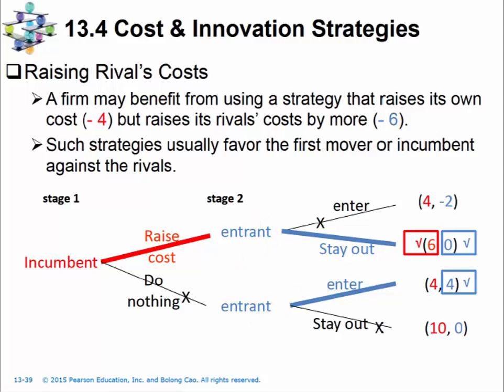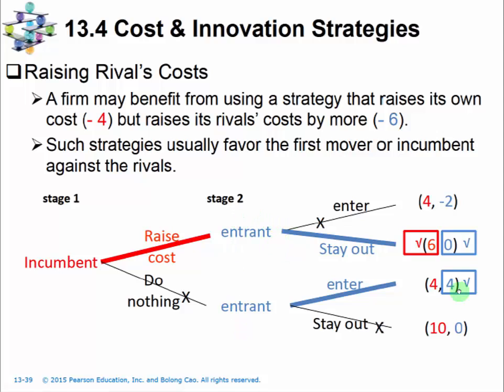We can actually further assume that the incumbent needs to pay some cost for lobbying. For example, here the cost of lobbying is 4, so if the lobbying is successful and the entrant stays out of the market, the incumbent's profit will drop from 10 to 6. The incumbent loses 4. But the cost that the new regulations impose on the entrant will be higher.